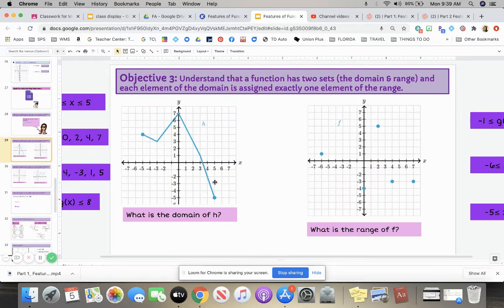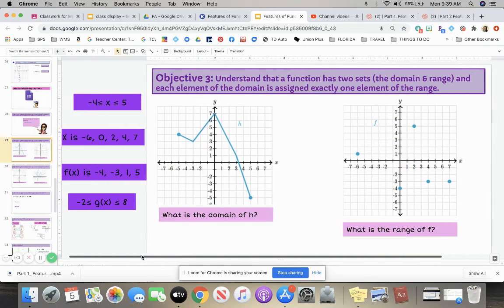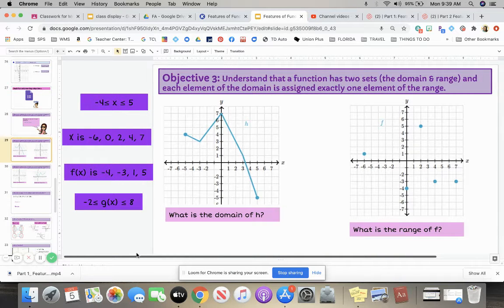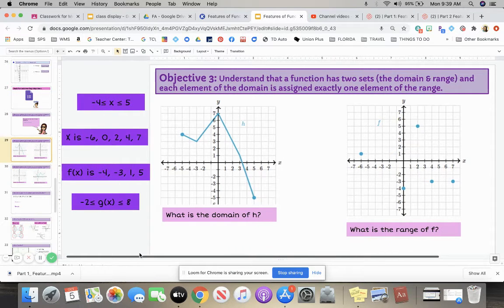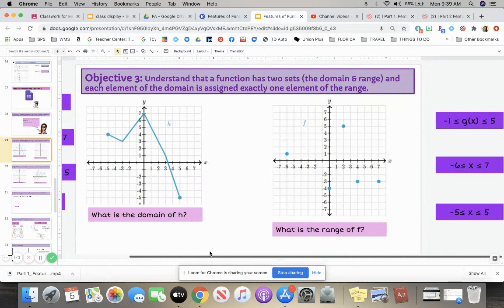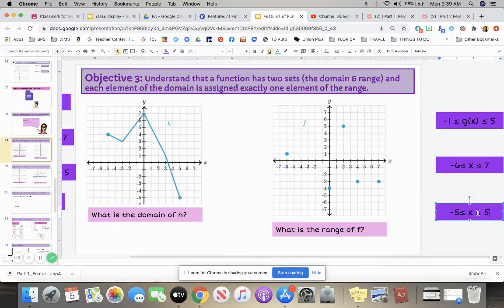So -5, all the points are greater than -5, but less than +5. So that would be our domain.